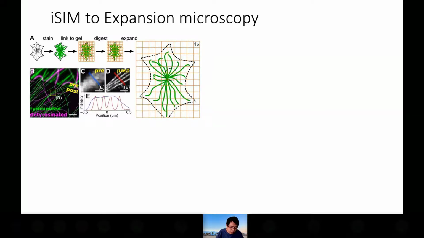For the people who are not familiar with expansion microscopy, the basic idea is that you embed your sample in a gel and then you physically expand your sample isotropically. This expansion factor is determined by the gel, and in this case we can basically obtain a higher resolution.